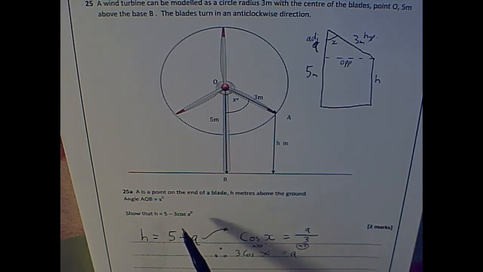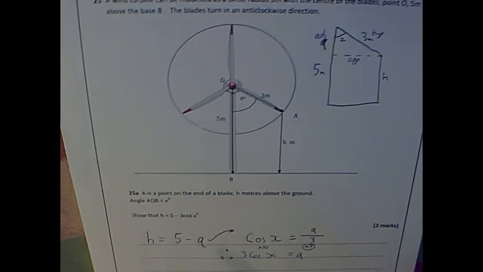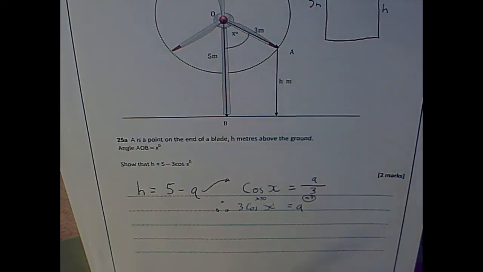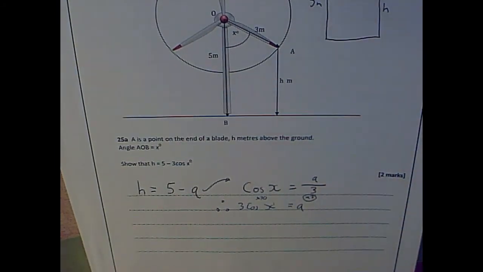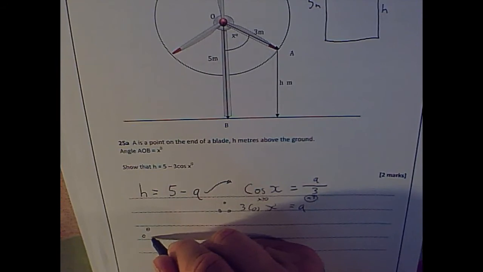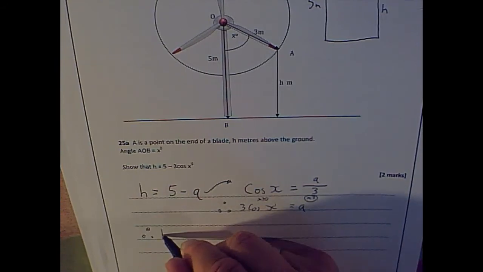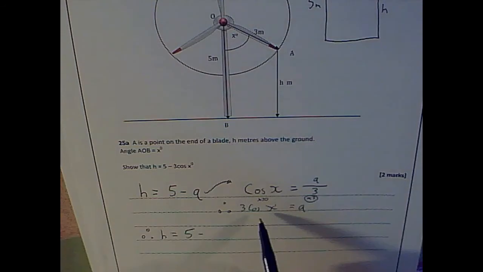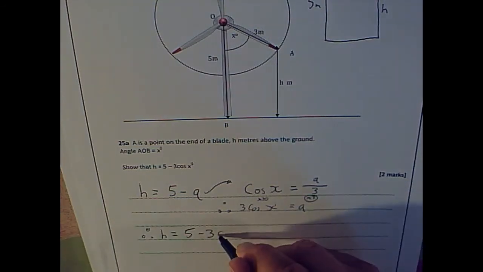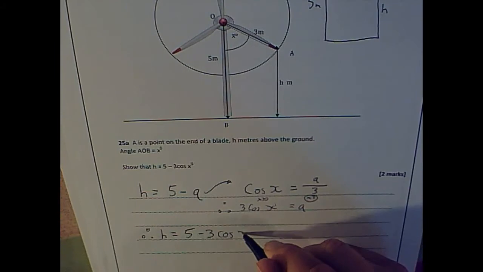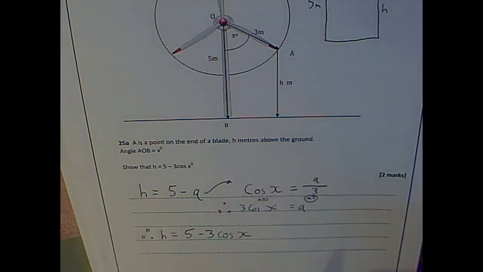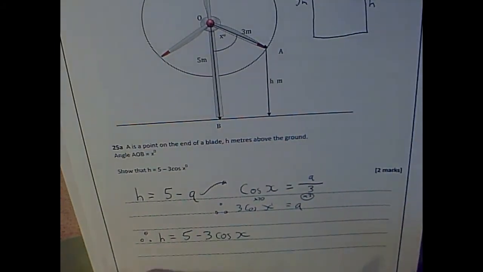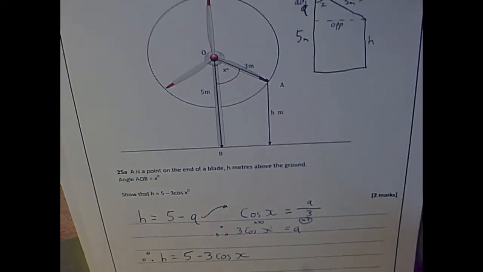And look, it's there. So I've pretty much sorted it. I can just say, therefore, h equals 5 minus the Q, which I've worked out here as 3 cos x. So I've drawn a diagram to simplify it for myself.